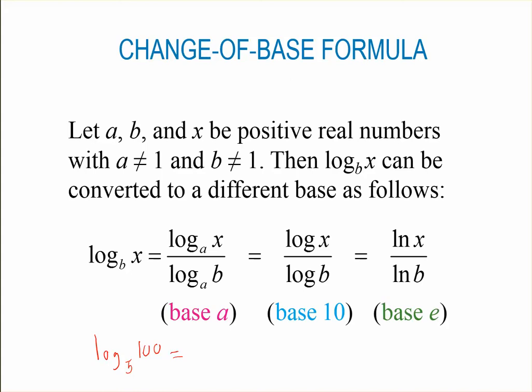Close. Going the wrong way. I'm thinking more like 3, is that right? Because remember, 5 to the third power is 125. So this number should be just a little bit under 3. 2.7, 2.6, maybe something like that.